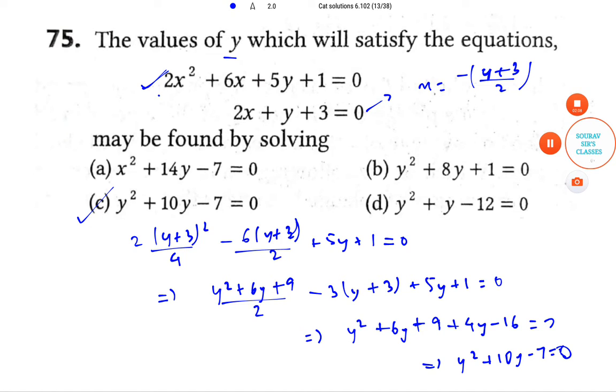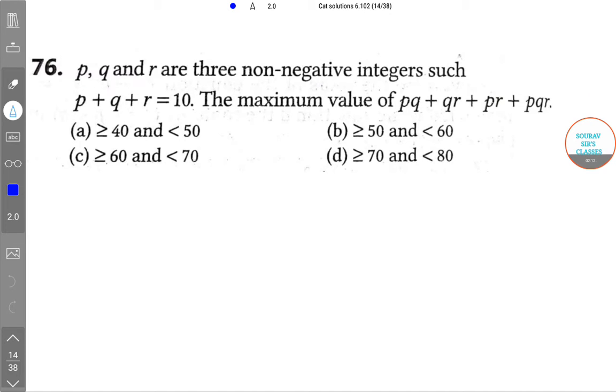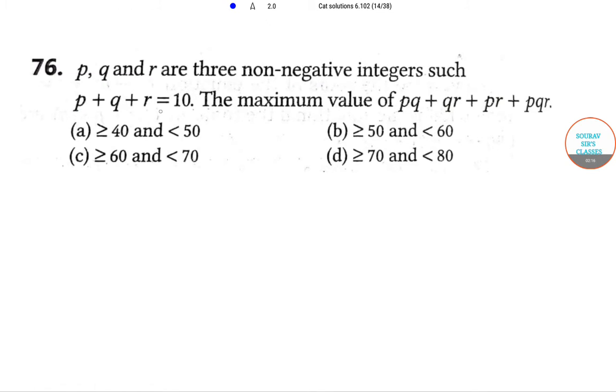The next question is: P, Q and R are three non-negative integers such that P plus Q plus R is equal to 10. The maximum value of PQ plus QR plus PR plus PQR is. Now P plus Q plus R is equal to 10.